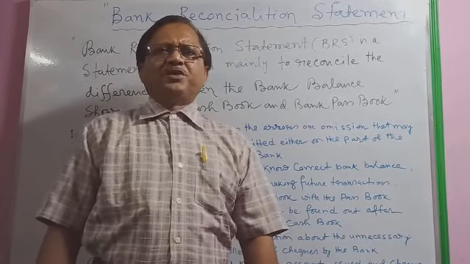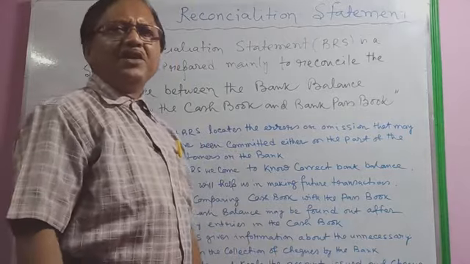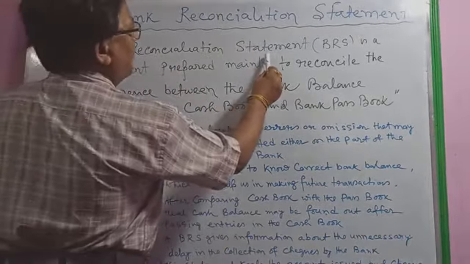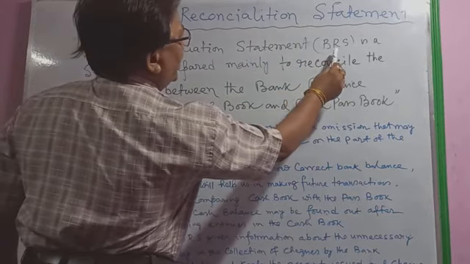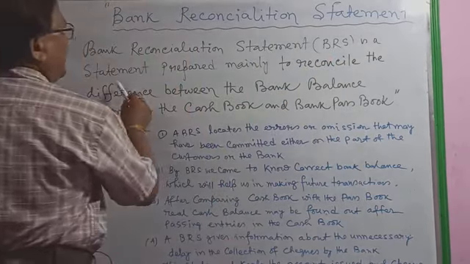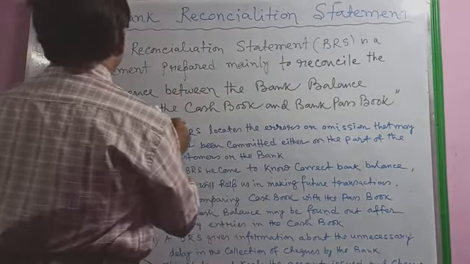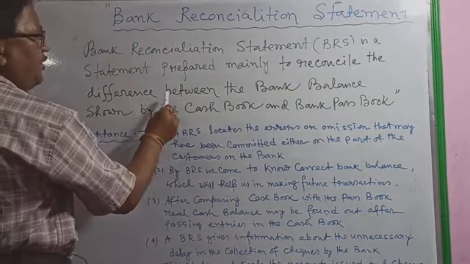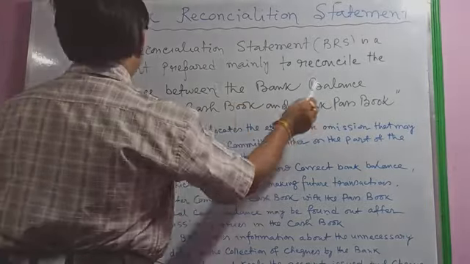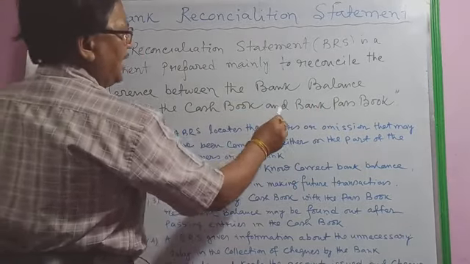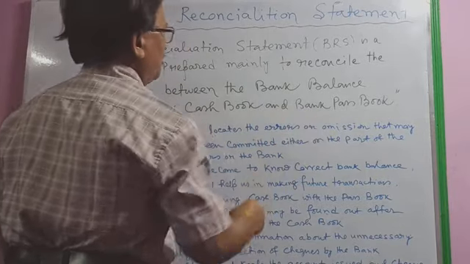Start the theory portion. What do you mean by bank reconciliation statement? Bank reconciliation statement, or short form BRS, is a statement prepared mainly to reconcile the difference between the bank balance shown by the cash book and bank passbook.